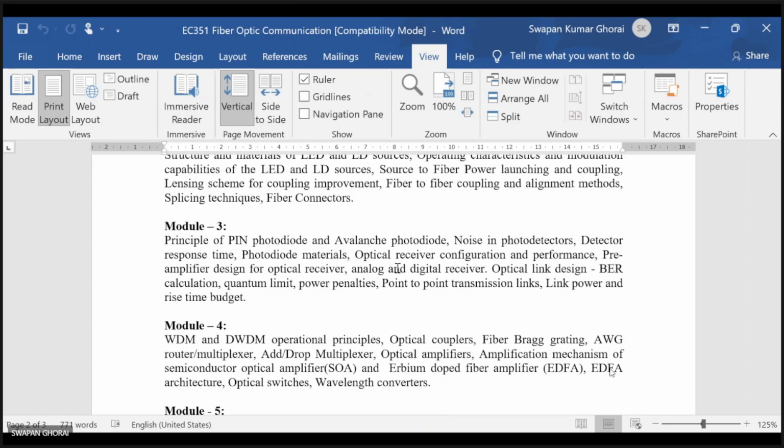And also, since it is communication, in any communication system its performance is evaluated in terms of BER, bit error rate. Suppose you are transmitting, say, 10 Gbps data, right? Then in the receiver you will be getting this 10 Gbps, but some of the bits may be in error.